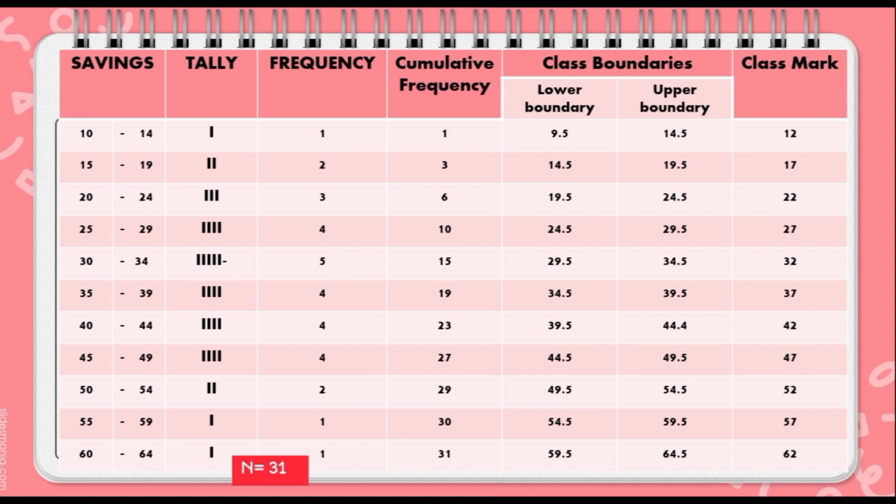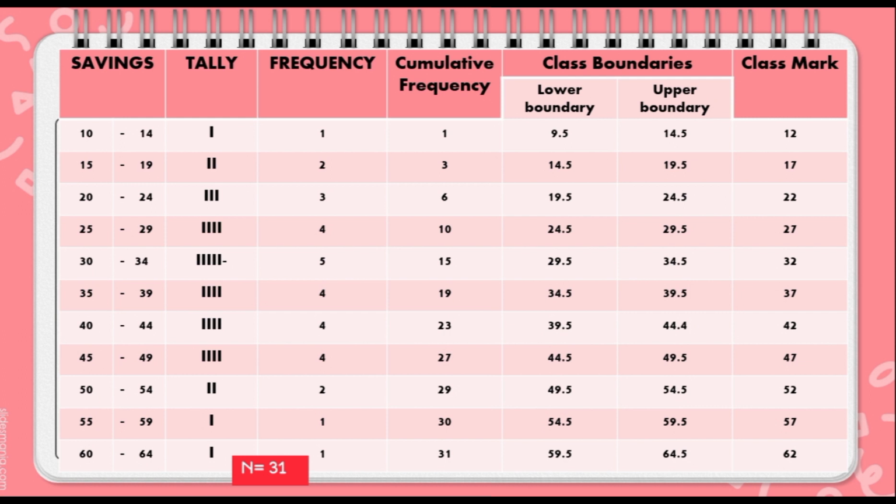To solve for the lower boundary, we simply subtract 0.5 from our lower limit, which is 10. So 10 minus 0.5, that is why we have 9.5 in our lower boundary. And to solve for our upper boundary, we simply add 0.5 to our upper limit, which is 14 plus 0.5. That is why we have 14.5 in our upper boundary.